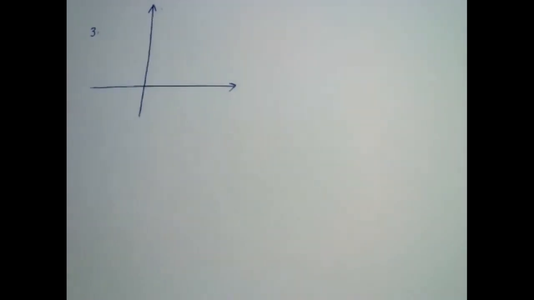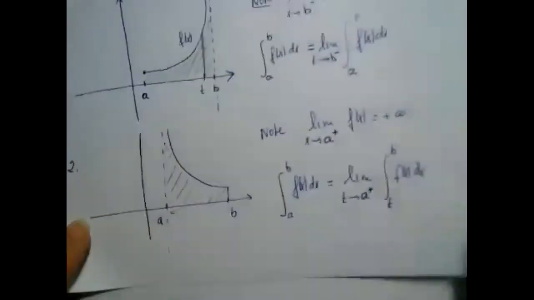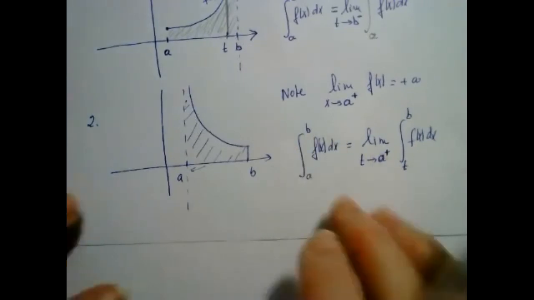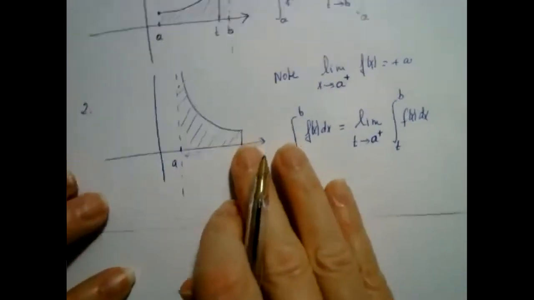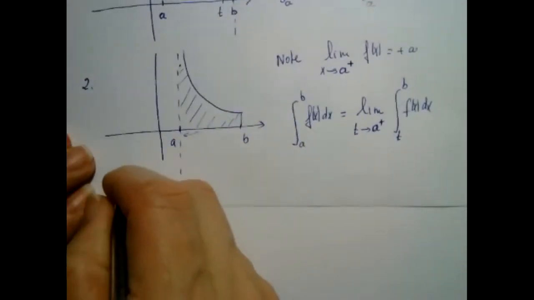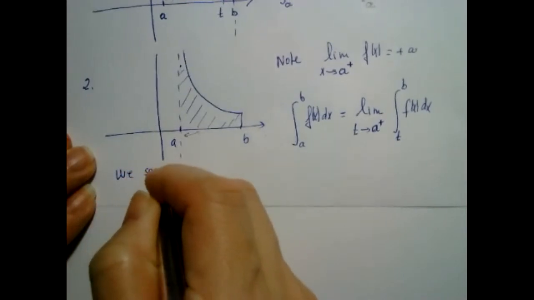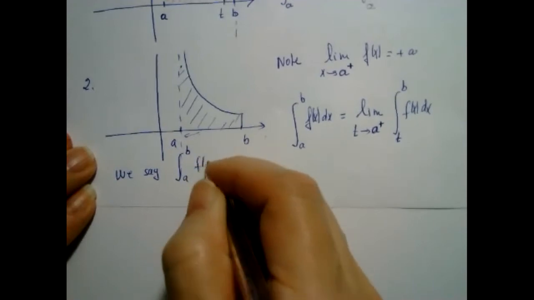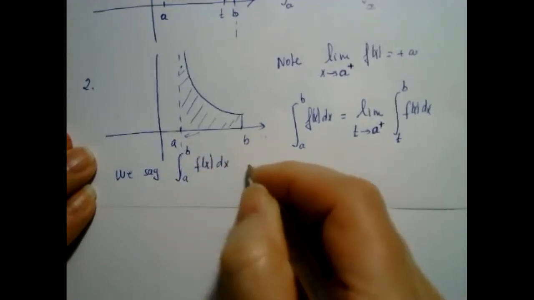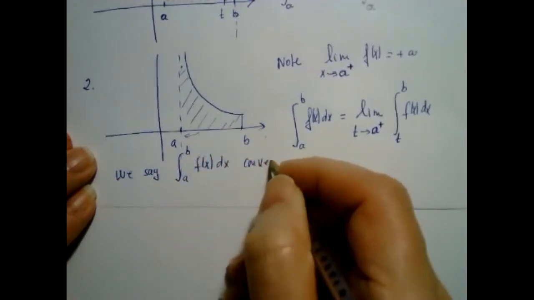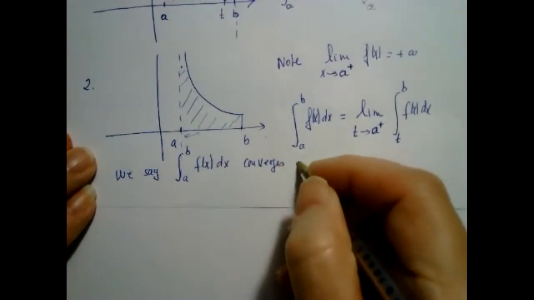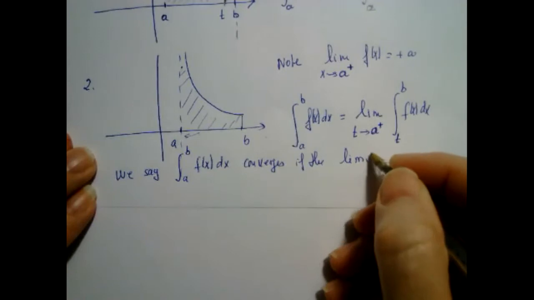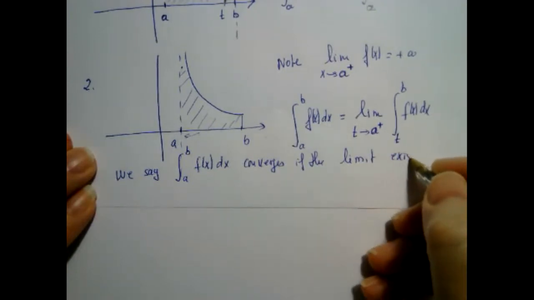Actually, I should finish this piece here before I move to my last scenario. So like I did last time, we say that the improper integral from a to b of f of x dx, in both cases, converges if the limit exists as a finite number. It means it's not infinite.